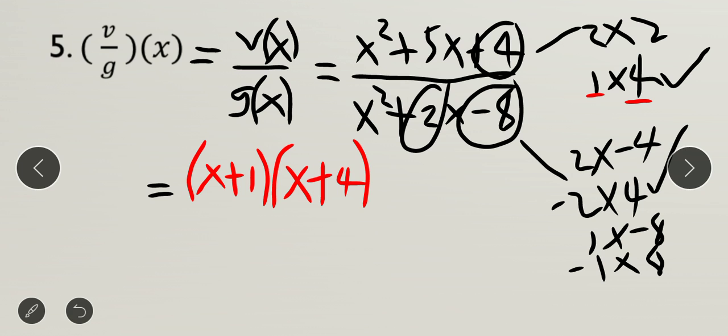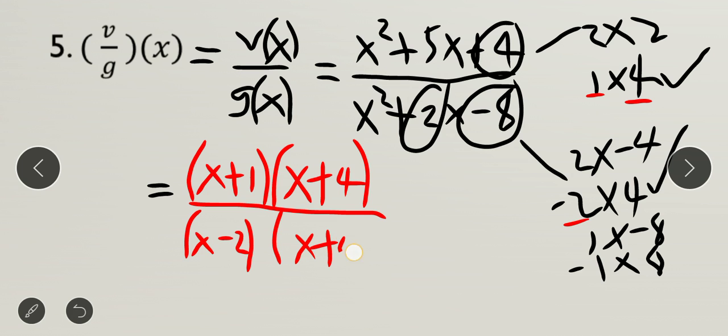So this is now over x minus 2, because this is negative 2. And then we have here x plus 4, because this is positive 4. Now, take a look at this. We have now something to cancel, and that's x plus 4 and x plus 4.